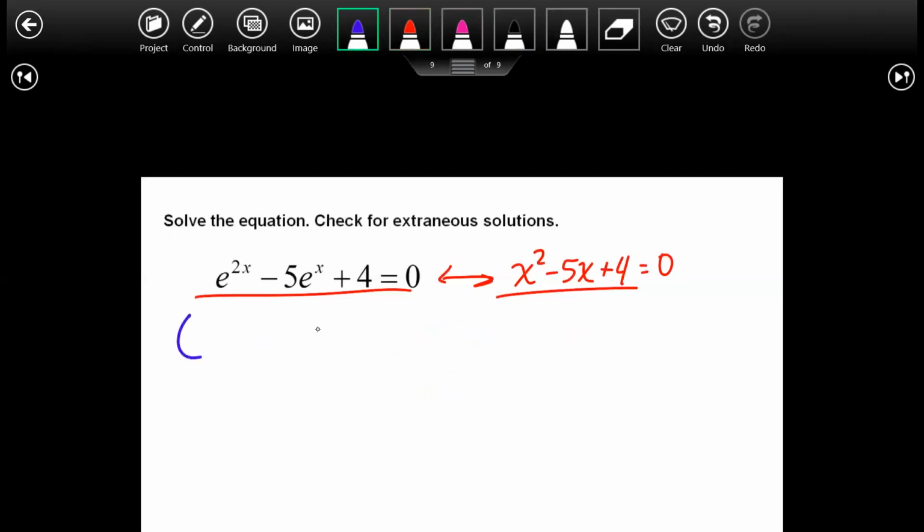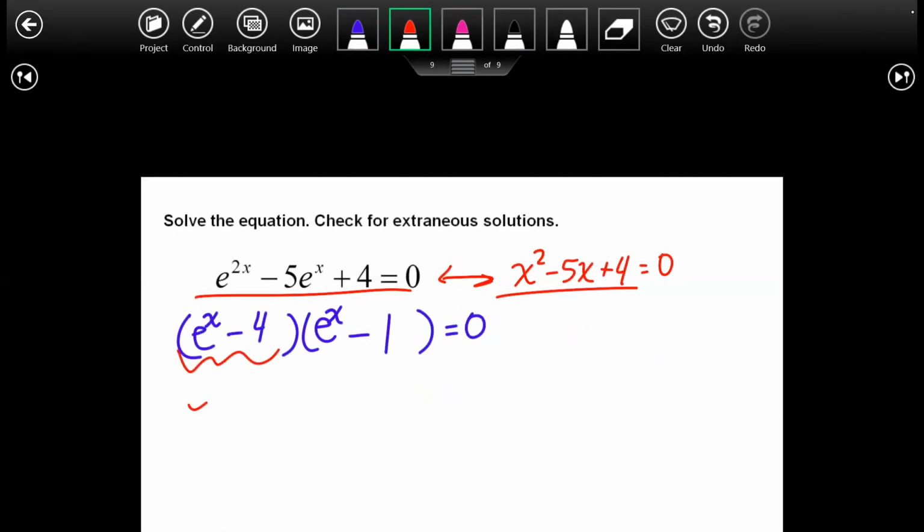If we had to separate these two sides, e to the x, e to the x, what two numbers multiply to give you 4 and add up to give you negative 5? Negative 4, negative 1. These are both of our solutions in this case.